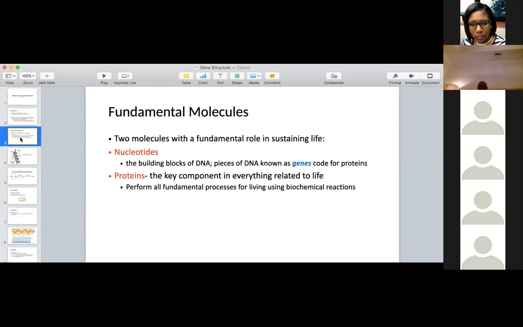How is it that a skin cell functions differently than, say, a beta cell in your pancreas? How does a sperm cell function differently than a red blood cell? We're going to take a look at that today. The short answer is due to the proteins that are expressed in those cells at any given moment.